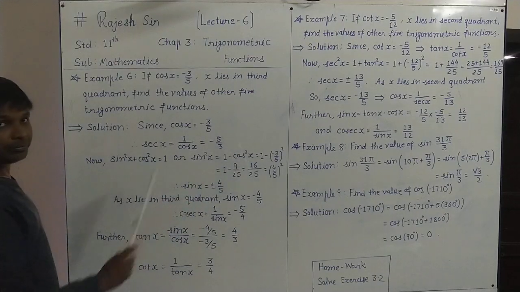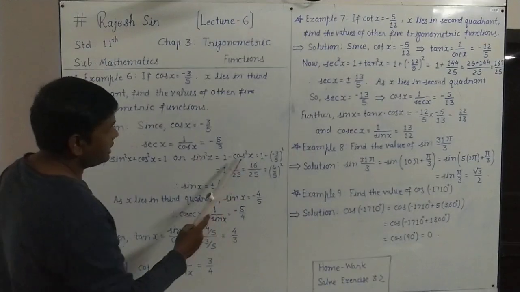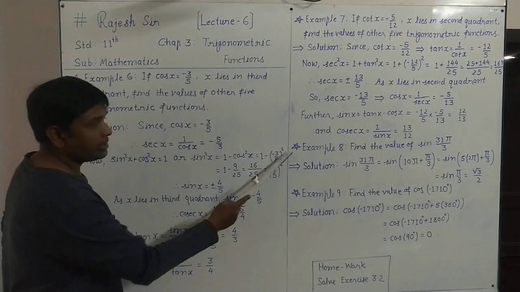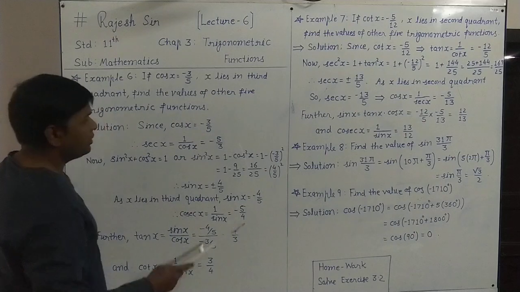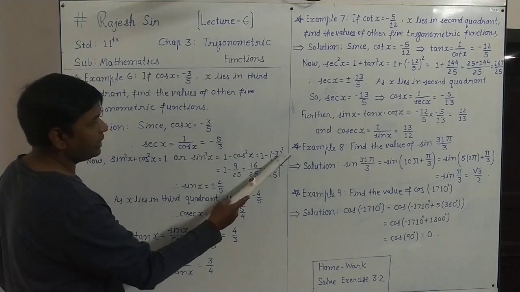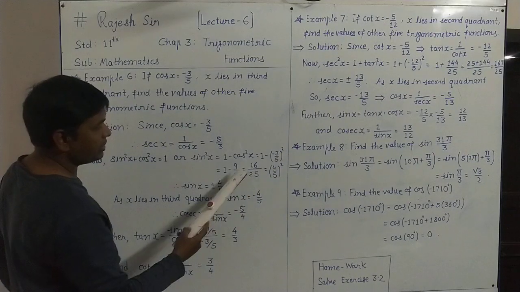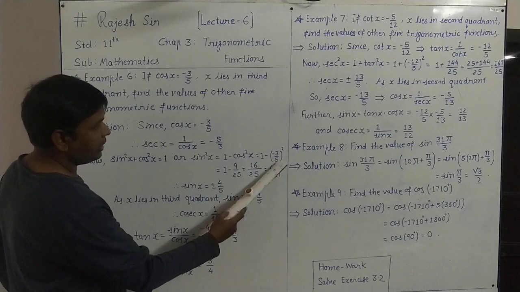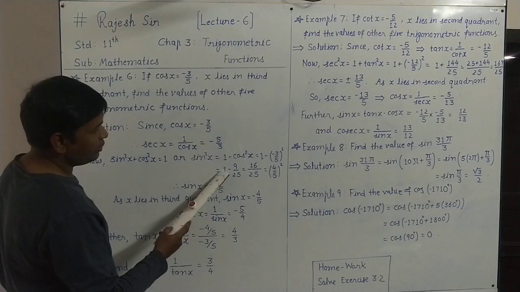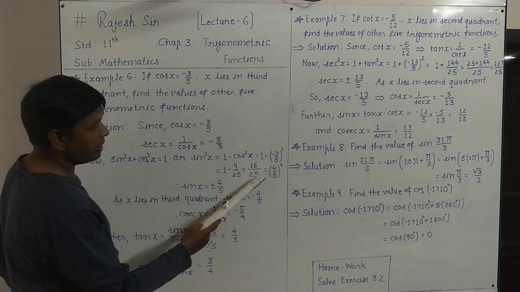Now 1 minus cos x, which is given as minus 3 by 5, squared. So 1 minus minus 3 by 5 whole square. 3 square is 9 and 5 square is 25. Now 25 is the LCM, so 25 minus 9 is 16, so 16 by 25.